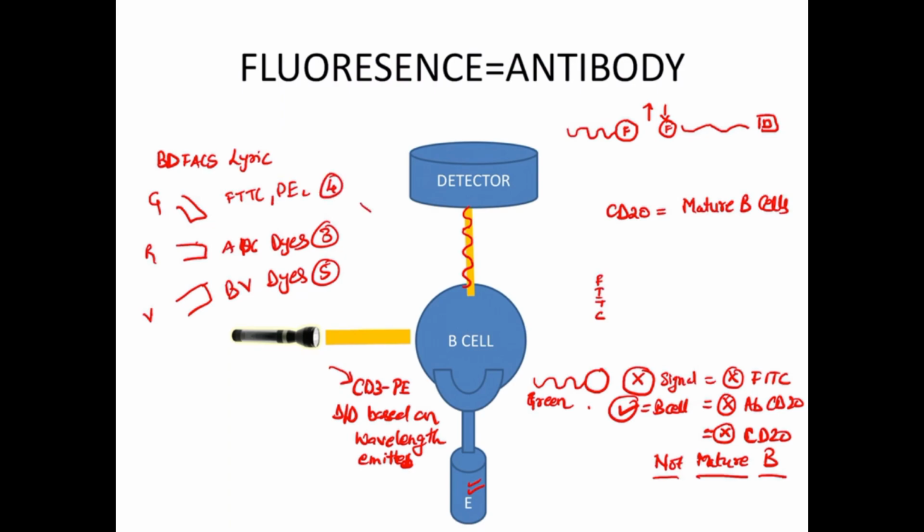What do we mean by these 12 different fluorochromes? That means at one given time point, I can study the presence or absence of 12 different antigens on one particular cell. That is the advantage over immunohistochemistry, where you can study only the presence or absence of one antigen.